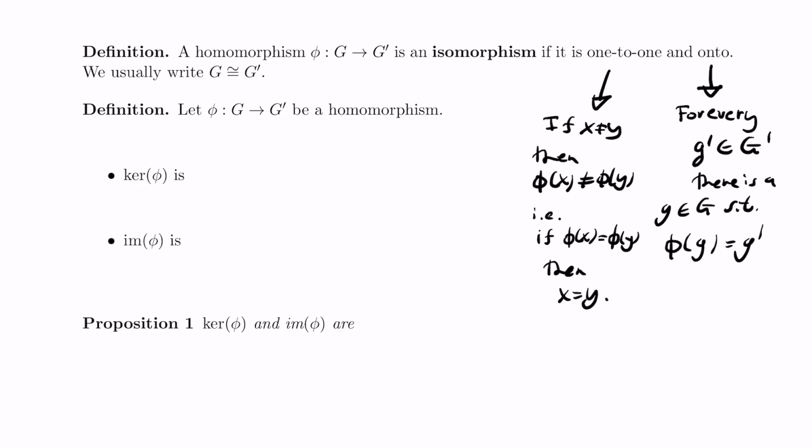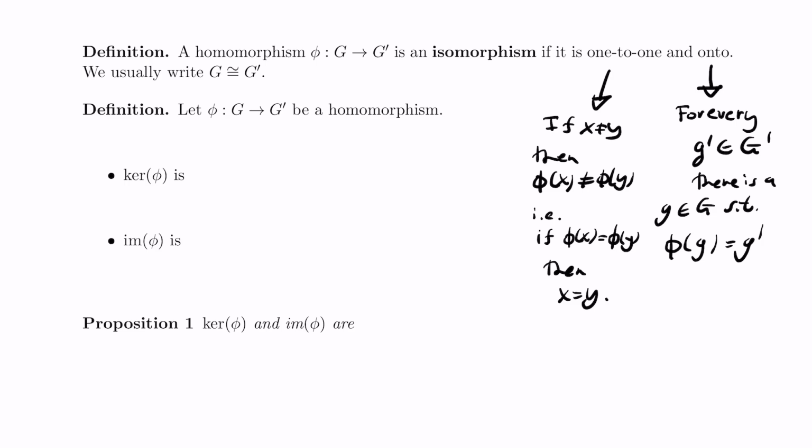Now, one thing you learn in a linear algebra course is a way to test isomorphism by looking at particular subspaces corresponding to vector spaces. And the same kind of thing is going to end up happening with groups. So one particular thing to look at is what's called the kernel of this homomorphism, which is all the things that get sent to the identity element.